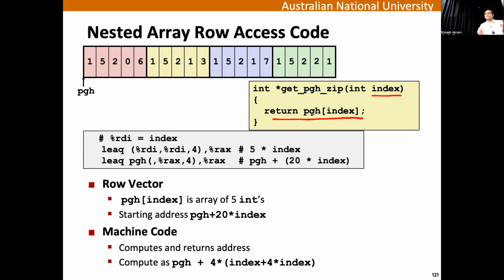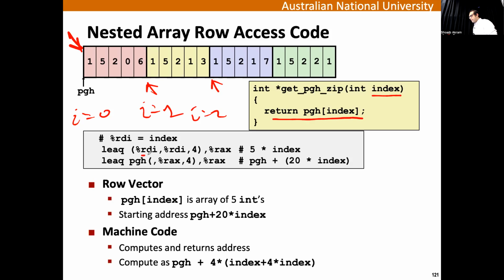Is it returning the value that intersects a specific row and column? No. It's returning the starting address of a specific row. It's returning a pointer, right? So if you say I equals 0, it returns this address. If you say I equals 1, it returns this address. If you say I equals 2, it returns this address.